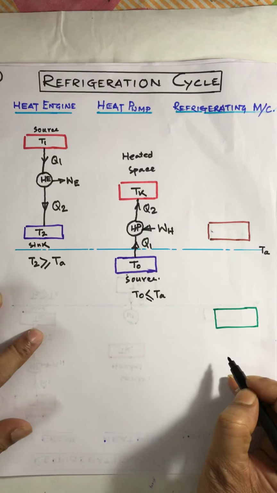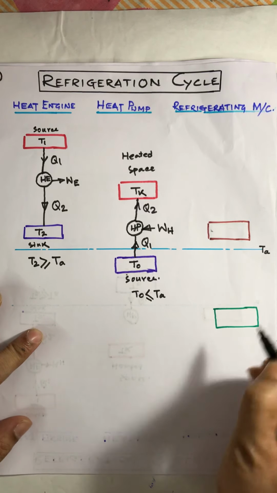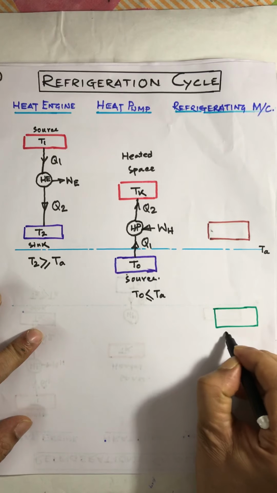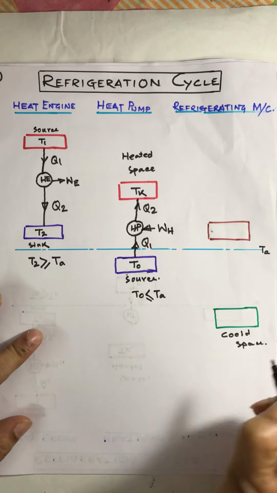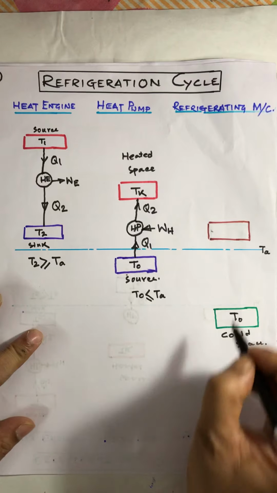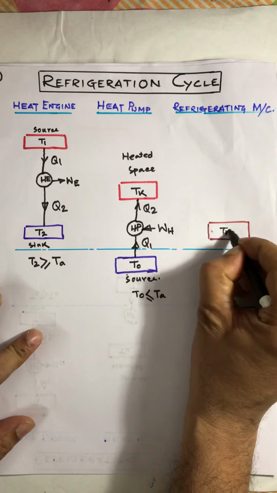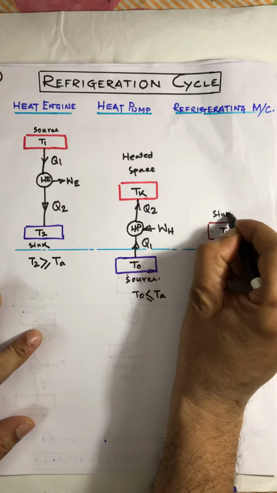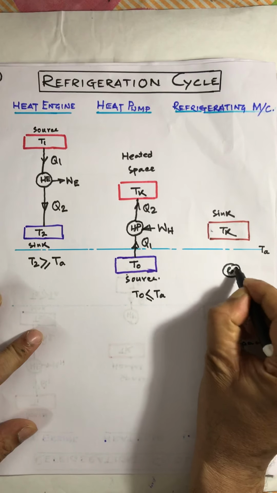And what is a refrigerating machine? This is nothing but a machine which will maintain the temperature of a particular space less than that of atmospheric temperature. Say this is the cold space of temperature T naught, which is less than TA, and this is the sink, suppose Tk. So, this is the device which is called a refrigerator.